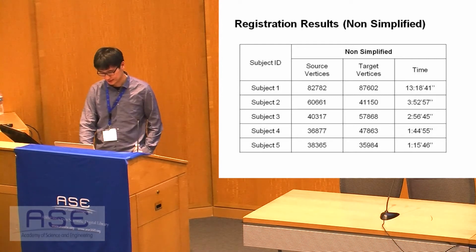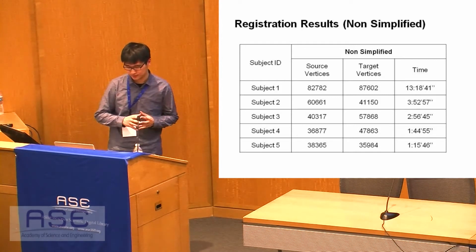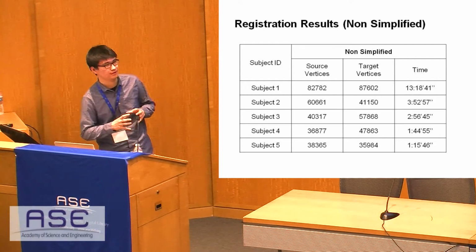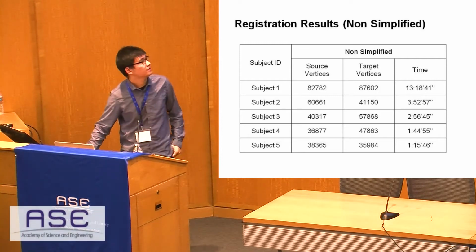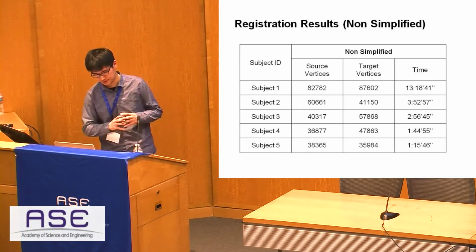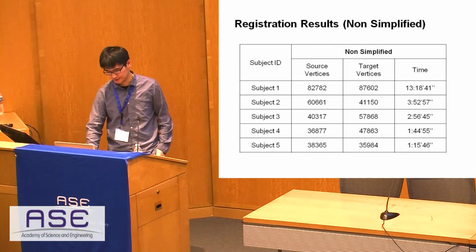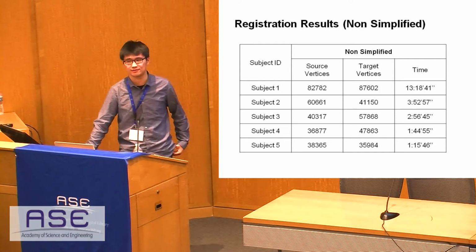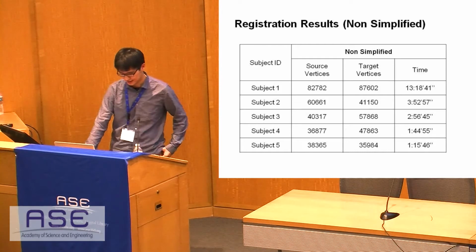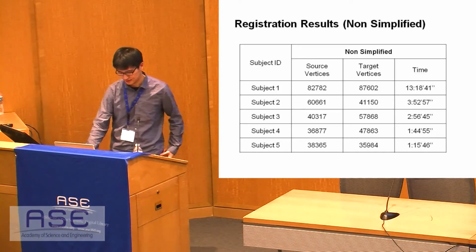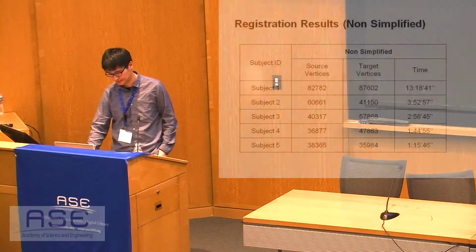If we do the simplification, in this case we just keep about 10% of the original points on the surface and try to keep the shape as real as possible. In this case, it only takes minutes to do the registration. And we think that is good. You can see this time just decreased dramatically.